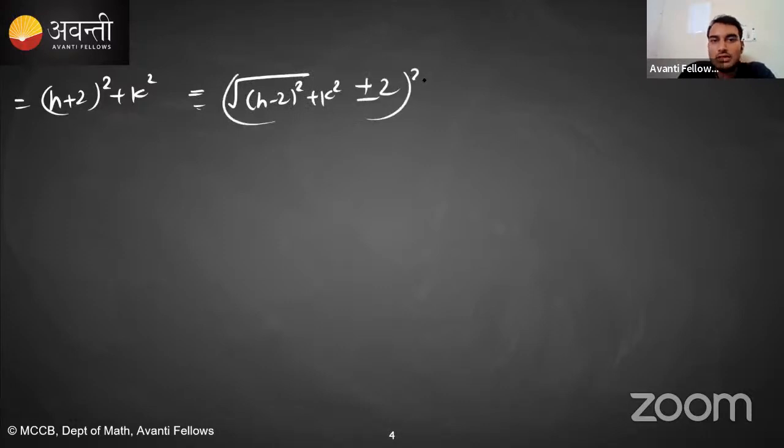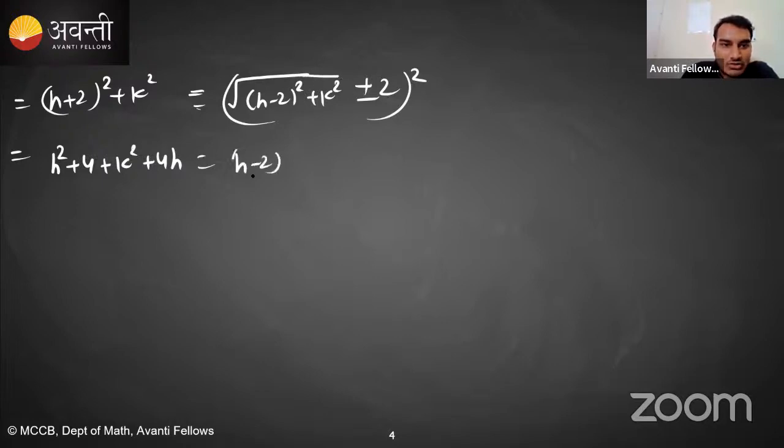Plus minus 2, you understand, either plus 2 or minus 2, right? Now open this. It will become h square plus 4 plus k square plus 4h is equal to, again, a square plus b square. What is a square? (h minus 2) square plus k square. What is b square? Plus minus 2 whole square, again 4.